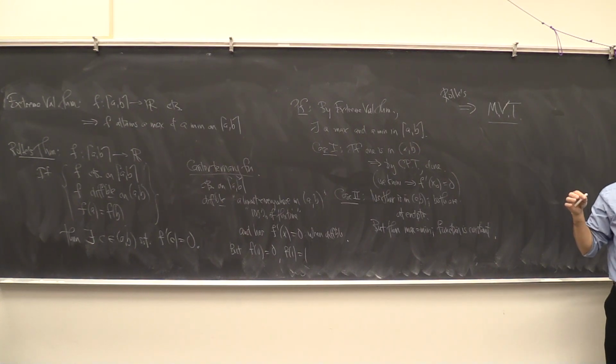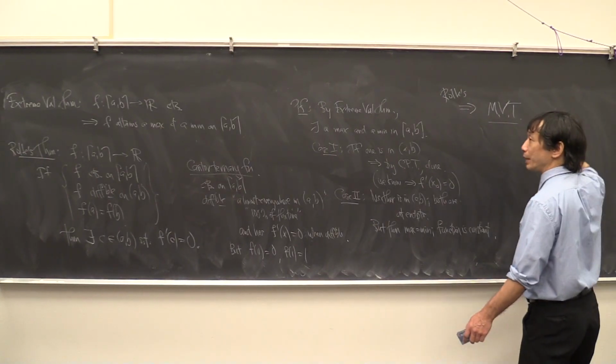Anybody remember or have a picture in their minds? Rishi, go ahead. If our function is continuous and differentiable on a closed interval, then there's some point where the derivative is the mean value, or (f(b) minus f(a)) over (b minus a).